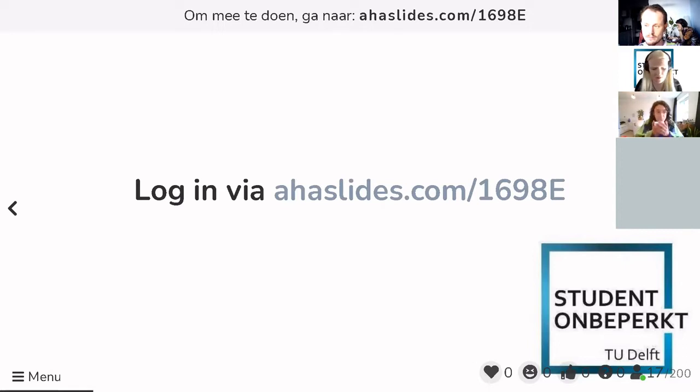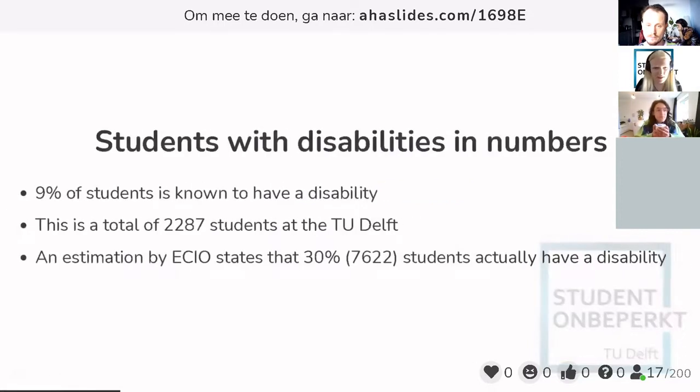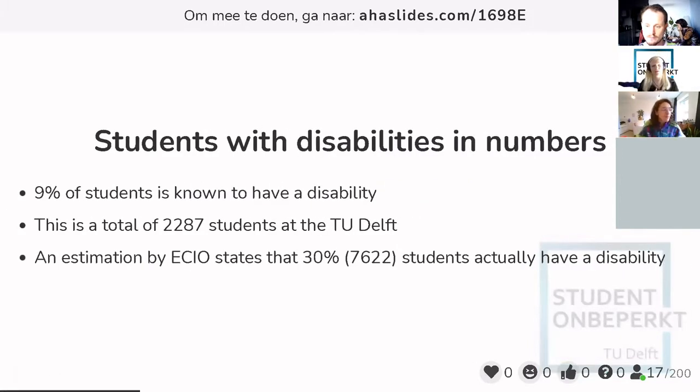Yeah, I think if everyone is logged in, we can continue on. So let's first start with a small introduction about how many students with disabilities there are. So 9% of the students at the TU Delft have said during their application in StudyLink or later on that they have a disability. If we calculate these numbers, this is approximately 2,287 students at the TU Delft.